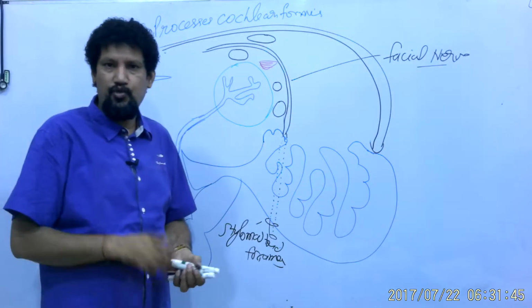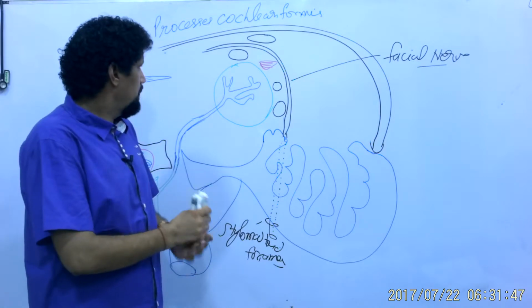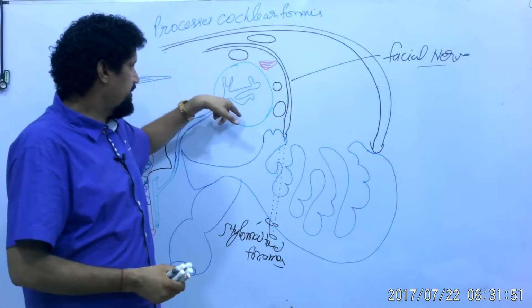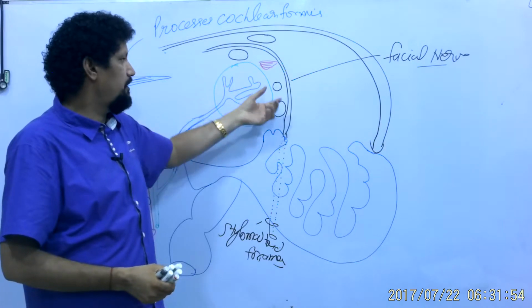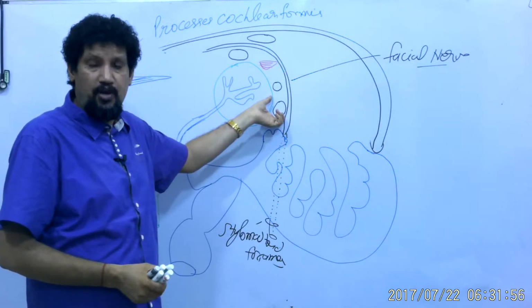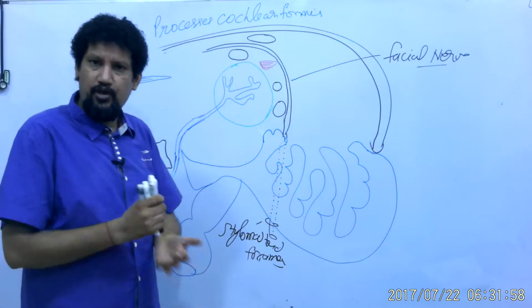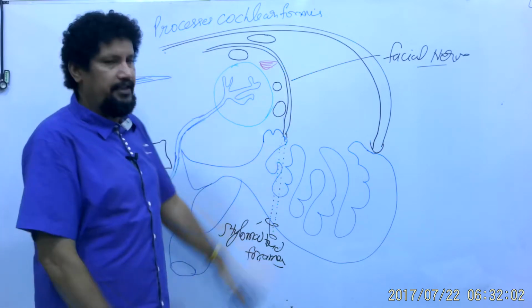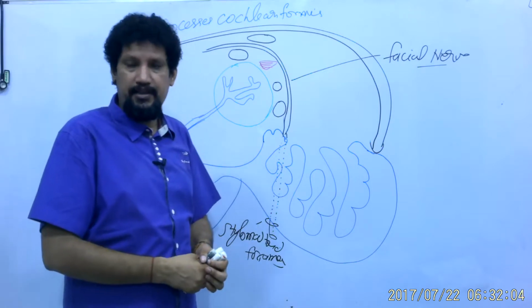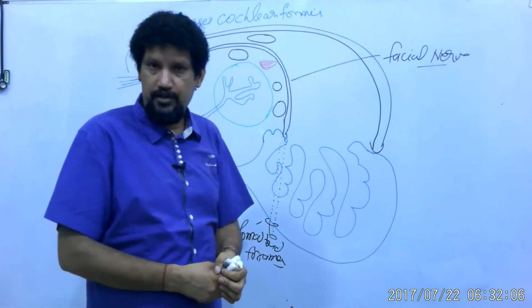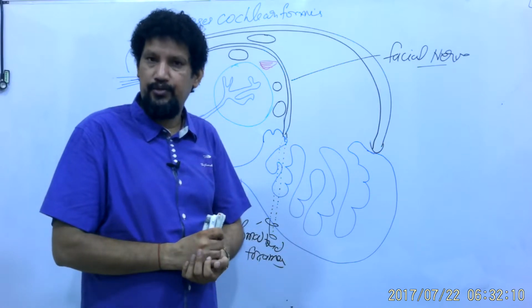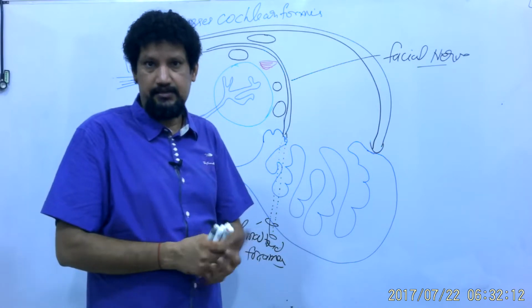There are two openings. One is on the posterior superior part of the promontory, one is on the posterior inferior part of the promontory. As we all know, deeper to this middle ear cavity, there is the internal ear, which also has different parts like the cochlea, the vestibule and these semicircular canals.